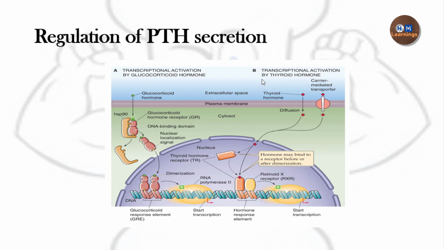So here this diagram is from Boron Physiology, which is a very good book. Now here they have actually talked about the thyroid hormone, but I am interested in vitamin D, because vitamin D and thyroid hormone act in the same way. That is why instead of writing the thyroid hormone, I am cutting it down and writing vitamin D. So vitamin D is a steroid hormone.